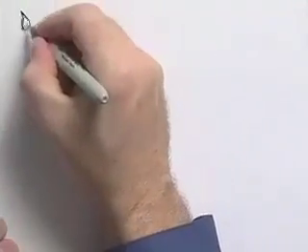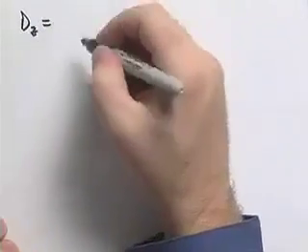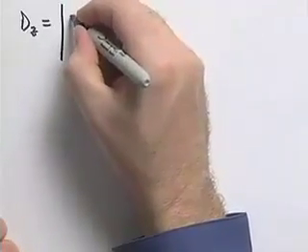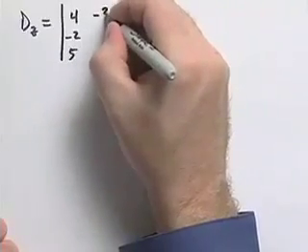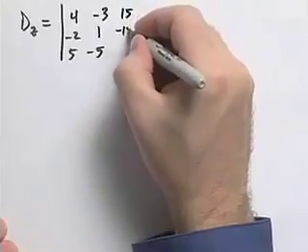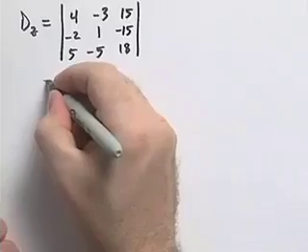Now we're going to find our last determinant, Dz. To find Dz, we're going to proceed, as we've done in the past, by replacing the coefficients for z by the coefficients on the right-hand side. So we get the determinant for 4, negative 2, 5, negative 3, 1, negative 5, 15, negative 15, and 18. We'll just expand across the first row again.